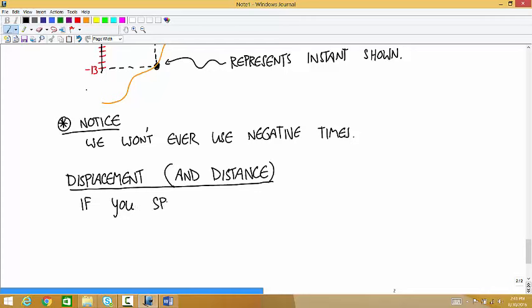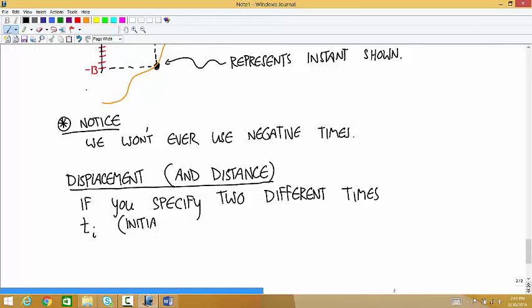If you specify 2 different times, I'll say the first one is called TI for T initial, you know, the initial time. And TF is the final time.